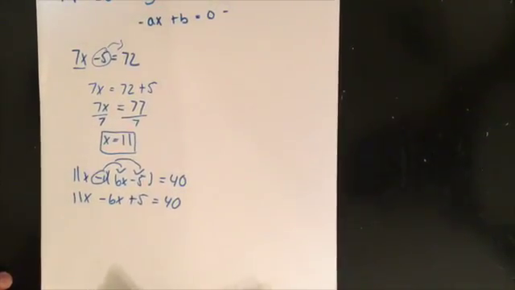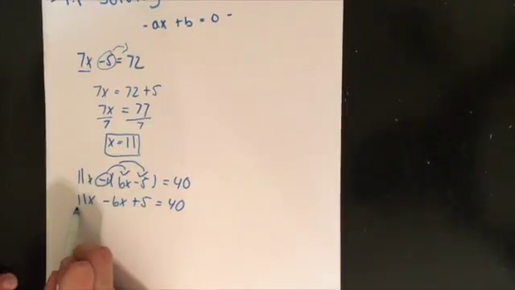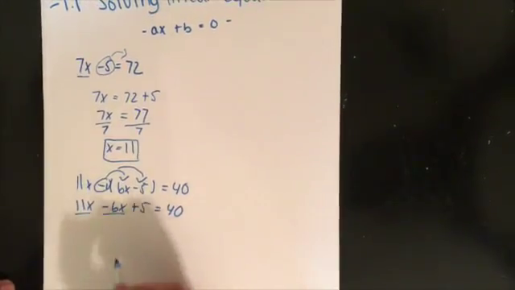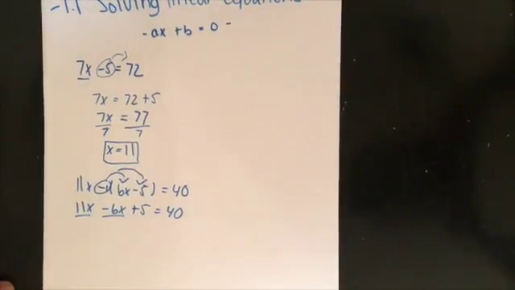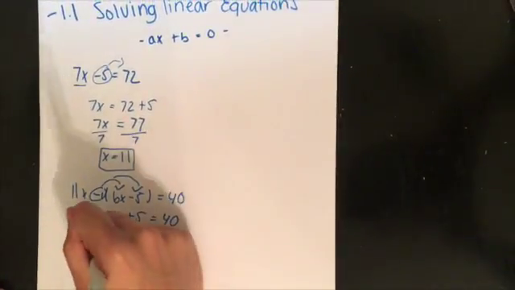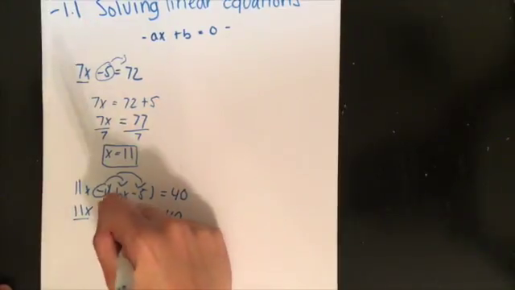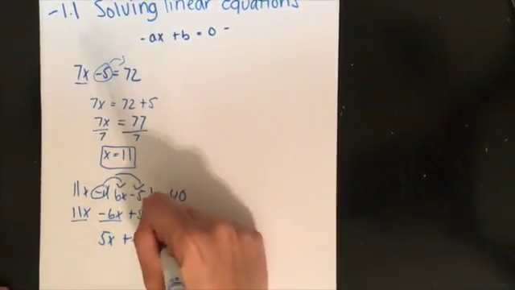Now the next step is you want to combine like terms. Since here we have 11x and negative 6x, they both have an x, so you can easily just combine them and you're going to be left with 5x plus 5 is equal to 40.